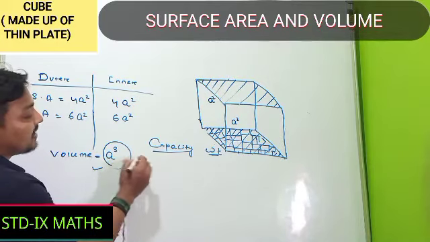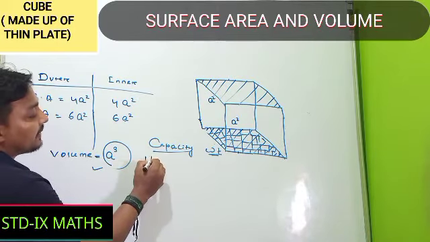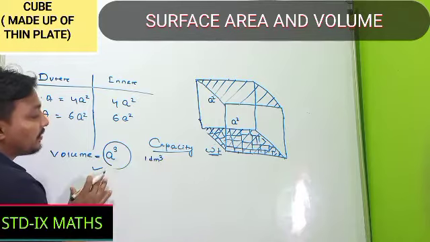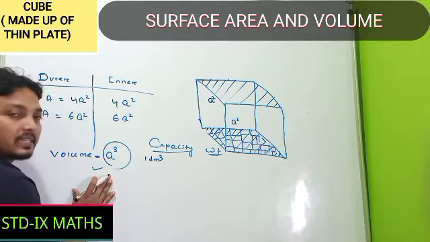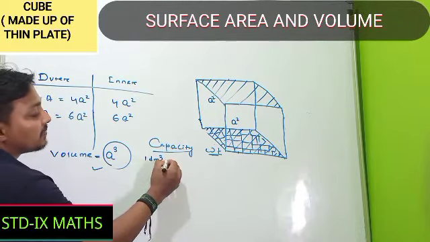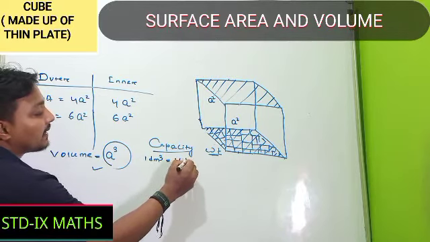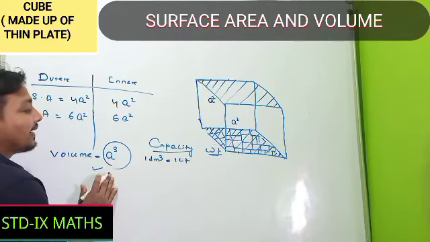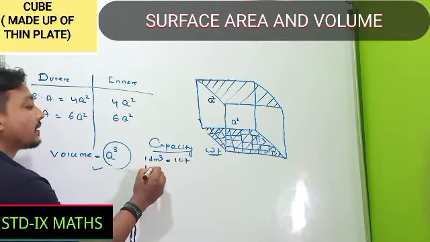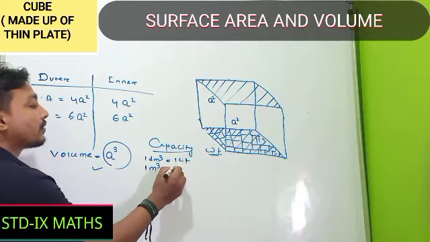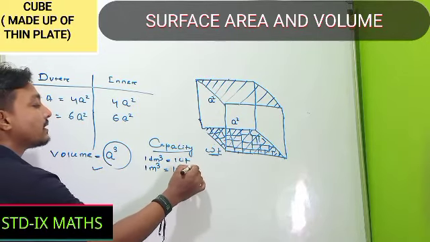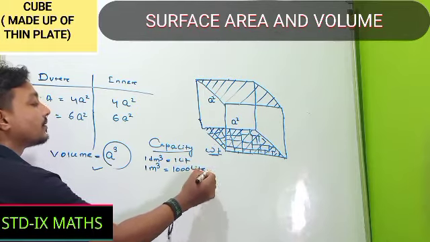So for which you just have to remember: 1 decimeter cube. If you are getting the volume in the form of decimeter cube, remember 1 decimeter cube will be our 1 liter. And if you are getting the volume in meter cube, it means 1 meter cube will be our 1000 liters.